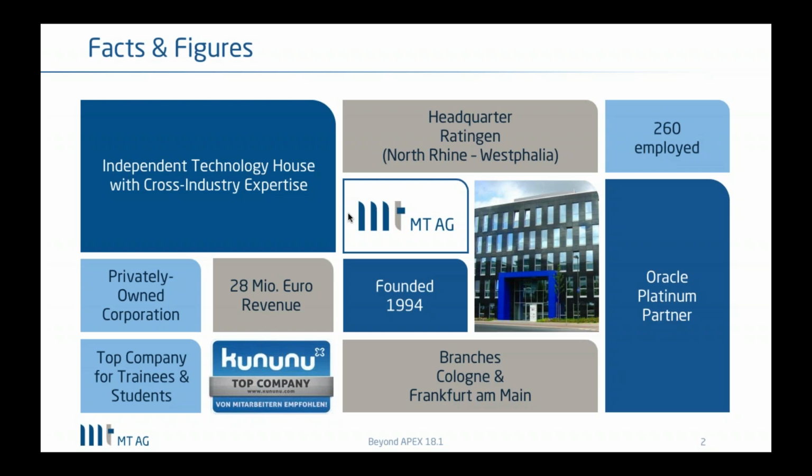Including our freelancers, we have about 260 people employed. So it's quite a good number, I would say. And in Germany, we're actually the leading development partner as it comes to Apex development.